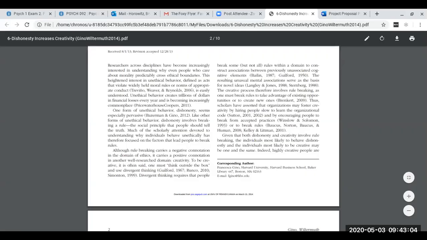Researchers across disciplines have become increasingly interested in understanding why even people who care about morality predictably cross ethical boundaries. This heightened interest in unethical behavior, so again, they're just introducing unethical behavior in general, defined as acts that violate widely held moral rules of norms or norms of appropriate conduct, and I realize I can zoom in on this a little bit.